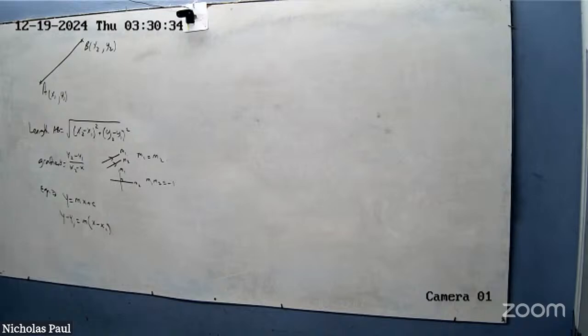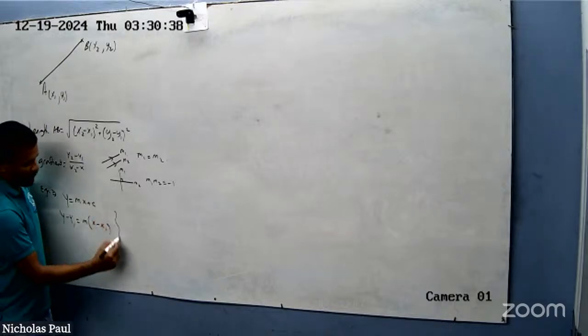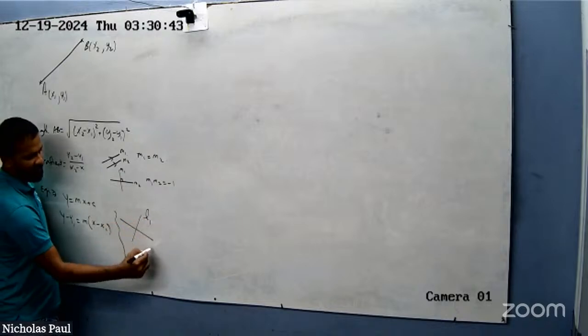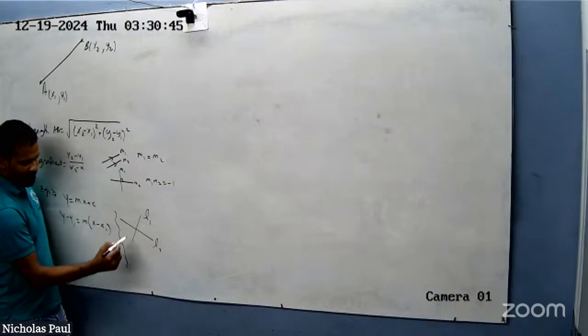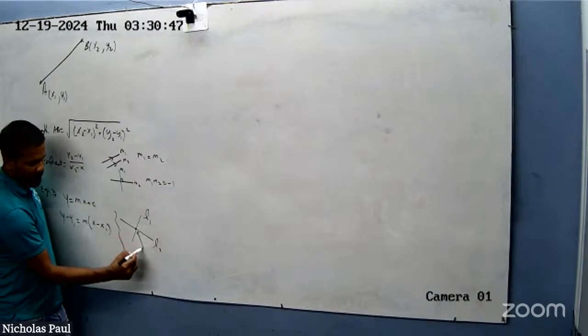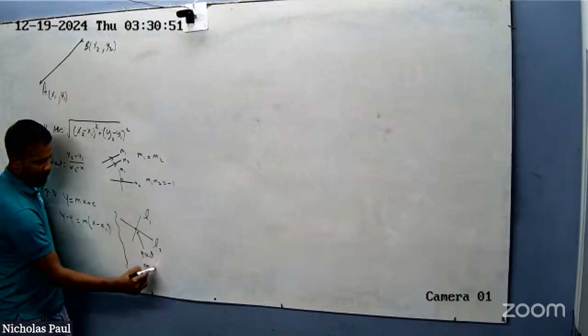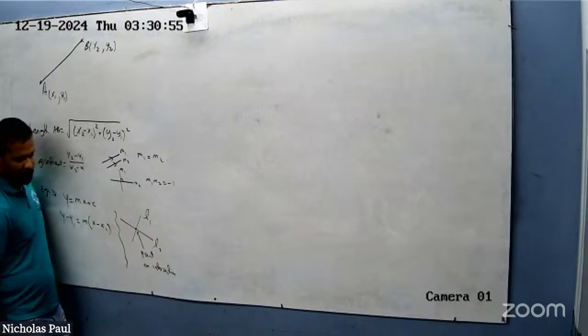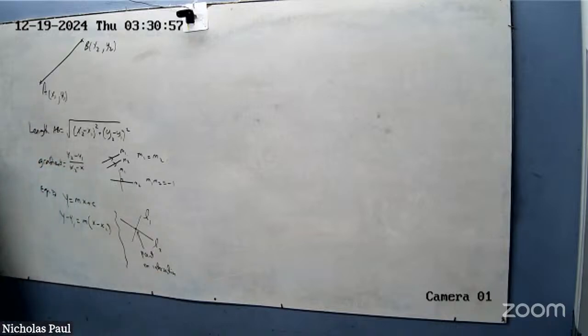And last thing, if you solve line 1 and line 2 simultaneously, you're going to find the point of intersection.